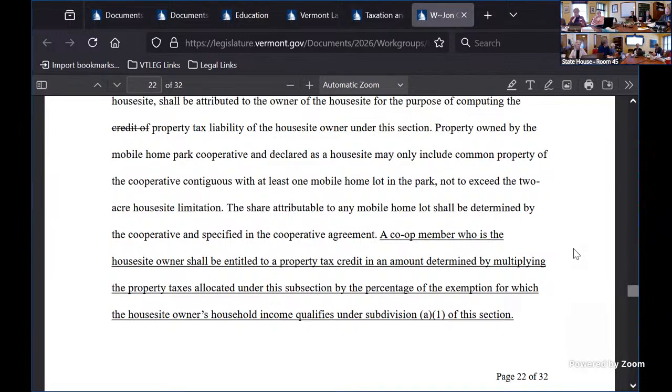And the way that it's determined is by taking the allocated property taxes, meaning the portion of the cooperative's property taxes that you paid, and multiplying it against those same exemption tiers. So if you were getting a 70% exemption under that subdivision A, you would take that same 70% figure and you would multiply it against your allocated taxes, and it would reduce that liability. You would receive that back. Does that make sense?